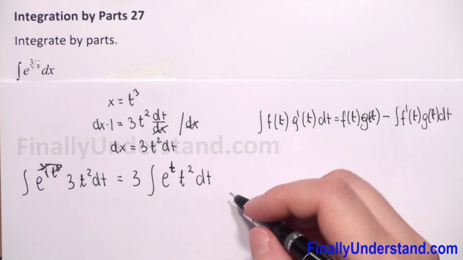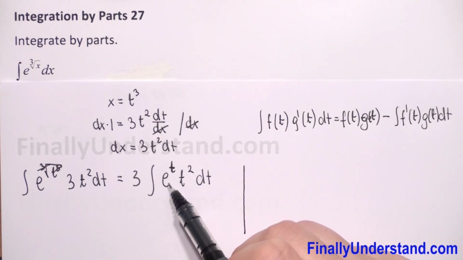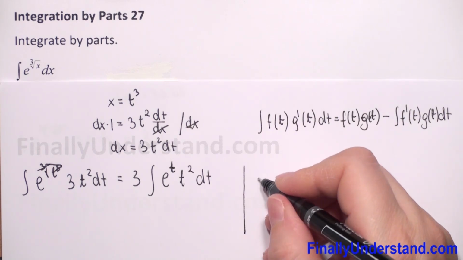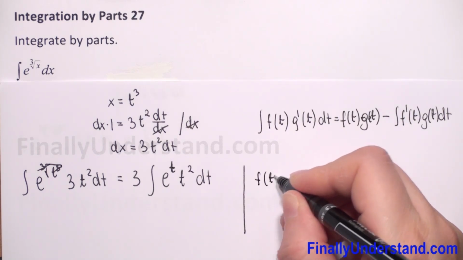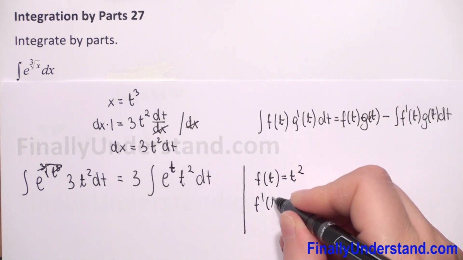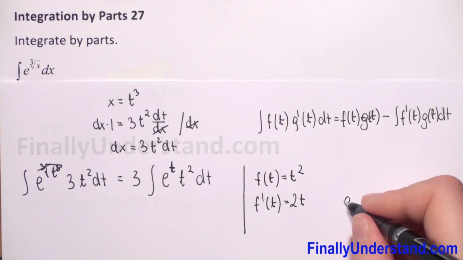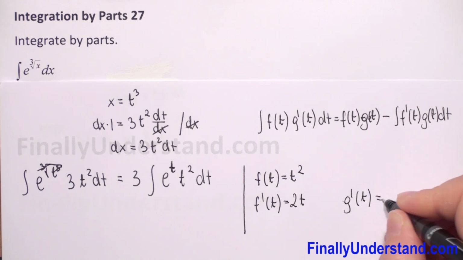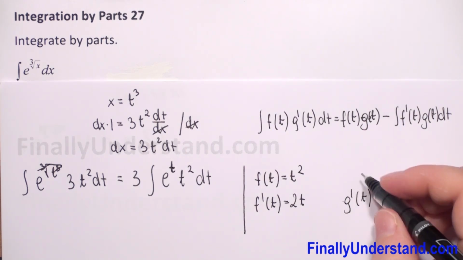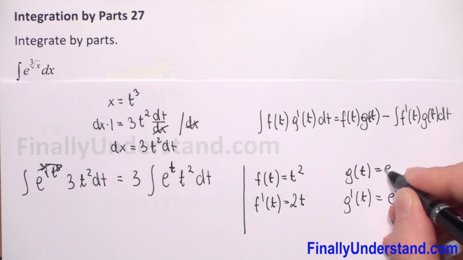So in this example, we will put, because we want to reduce t squared, because the derivative of e to the t is still e to the power t, so we will put that f of t is equal to t squared. So f prime of t will be equal to 2t. Our g prime is, whatever we left, e to the power t. The antiderivative of e to the power t is e to the power t.